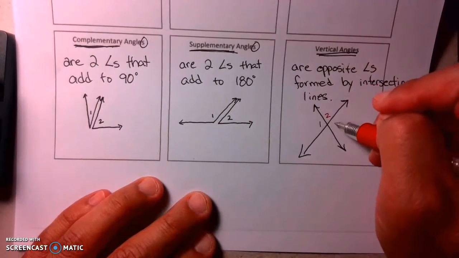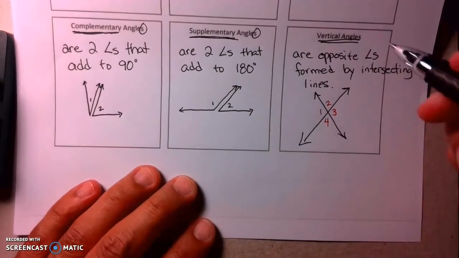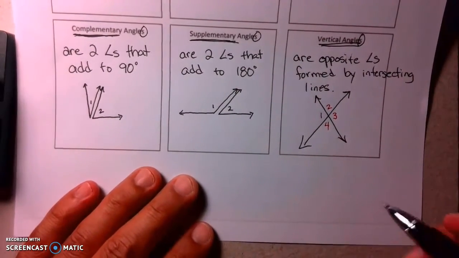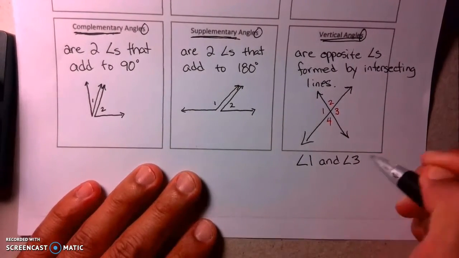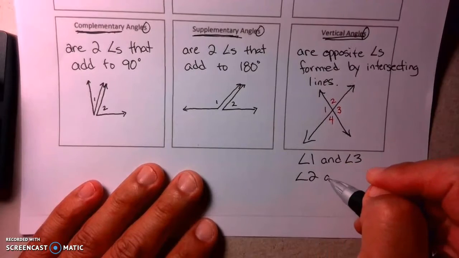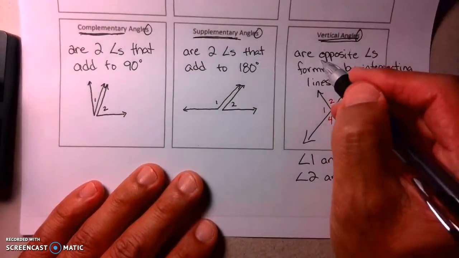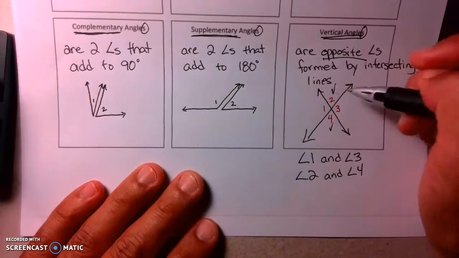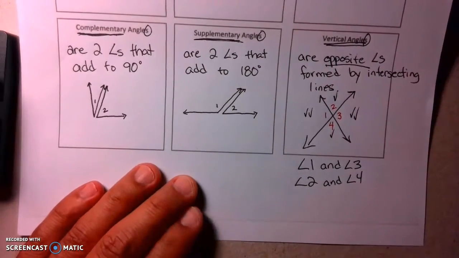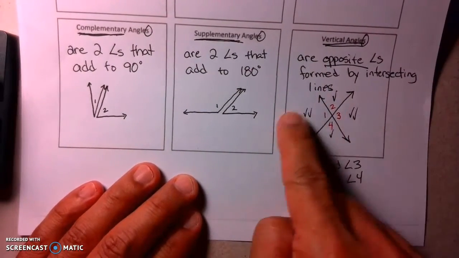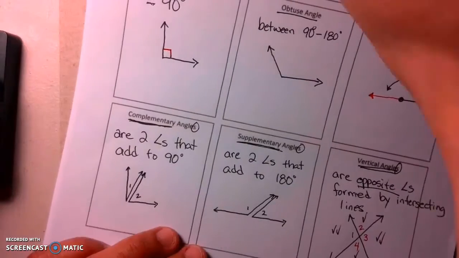Angle 1, angle 2, angle 3, angle 4. And so there are a pair of angles that are called vertical angles. In this picture, angle 1 and angle 3 are considered vertical, and angle 2 and angle 4 are considered vertical. They're directly opposite each other. So top, bottom, left, right. Now normally when you see the word vertical, you would think something that goes straight up and down. It could be the left and the right, and those are also considered vertical.